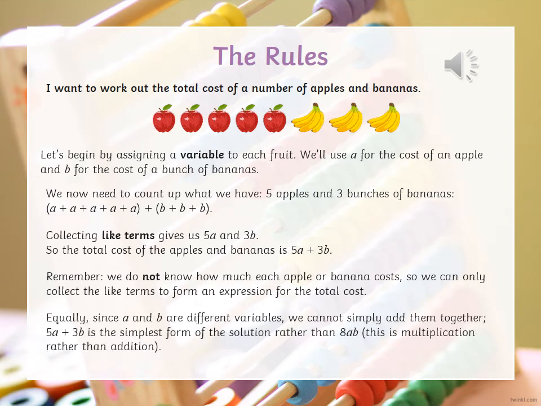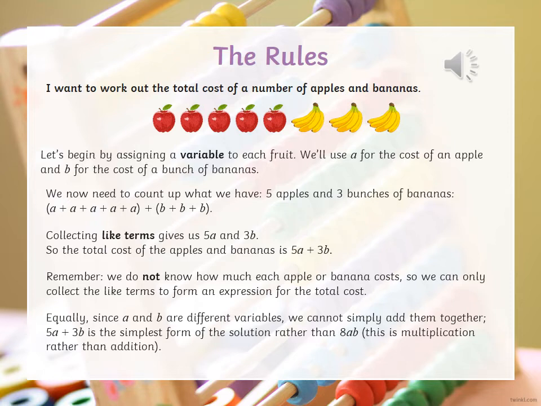Now, I want to work out the total cost of a number of apples and bananas. Let's begin by assigning a variable to each fruit. We will use A for the cost of an apple and B for the cost of a bunch of bananas. We now need to count up what we have: 5 apples and 3 bunches of bananas.